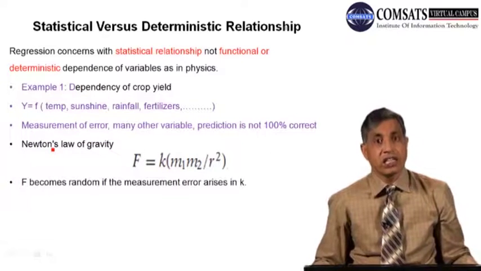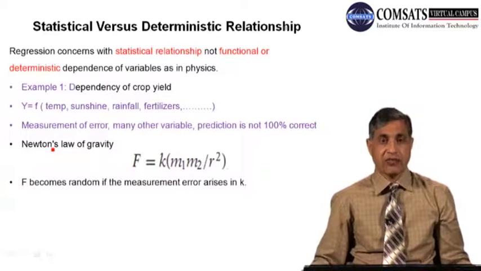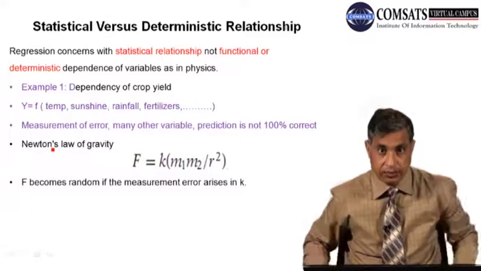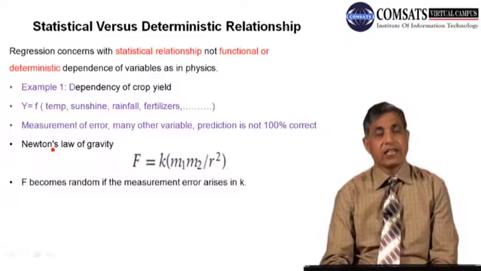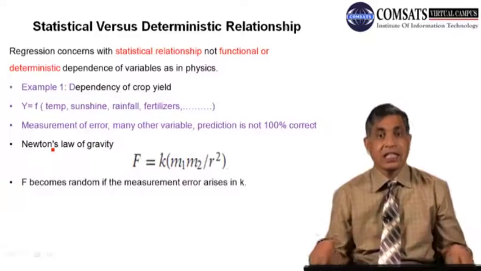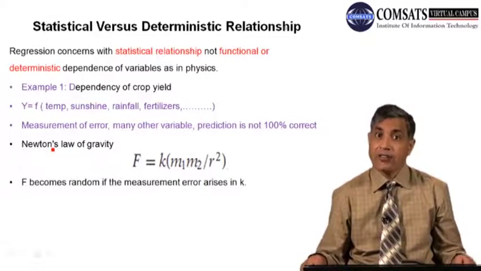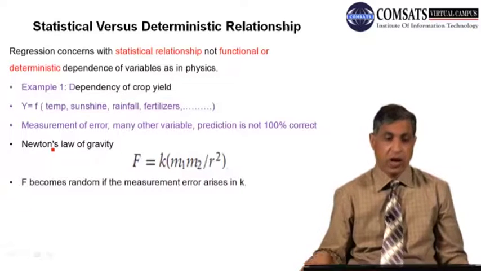This is not the functional or deterministic dependence as in physics. Let me explain it. In regression, the dependency in the system is of a statistical nature. It is not of a deterministic nature.